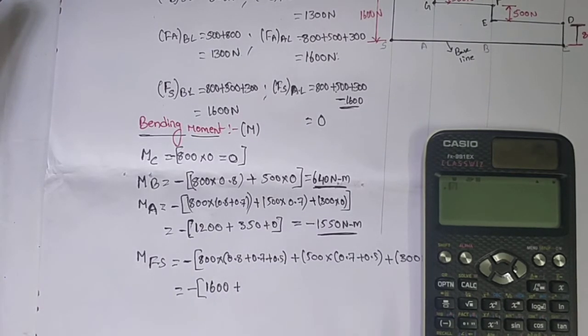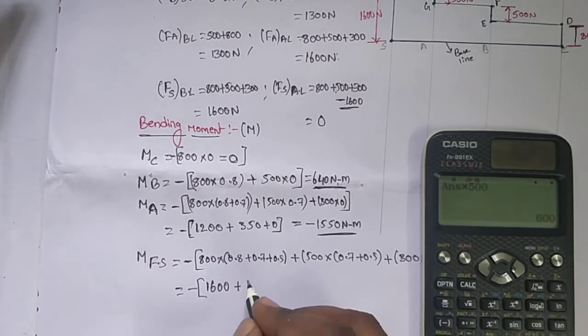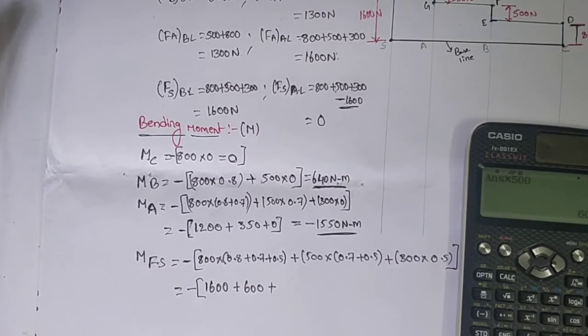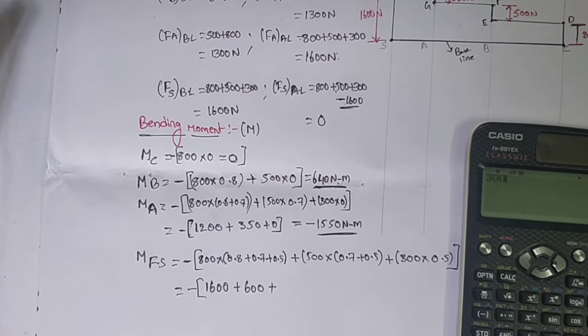Next, 0.7 plus 0.5 into second load, that is 500, that is value 600 due to the load at point B. Then 300 into 0.5, that equals to 150.